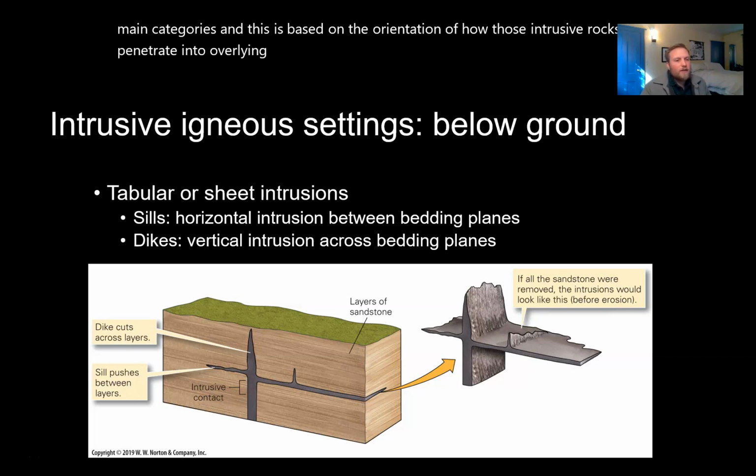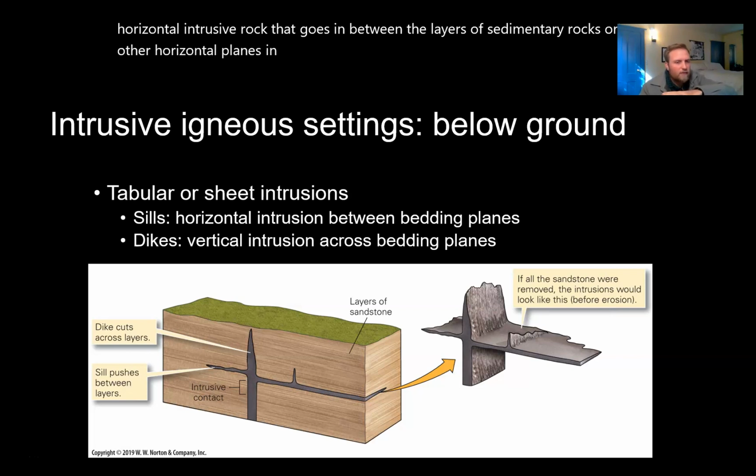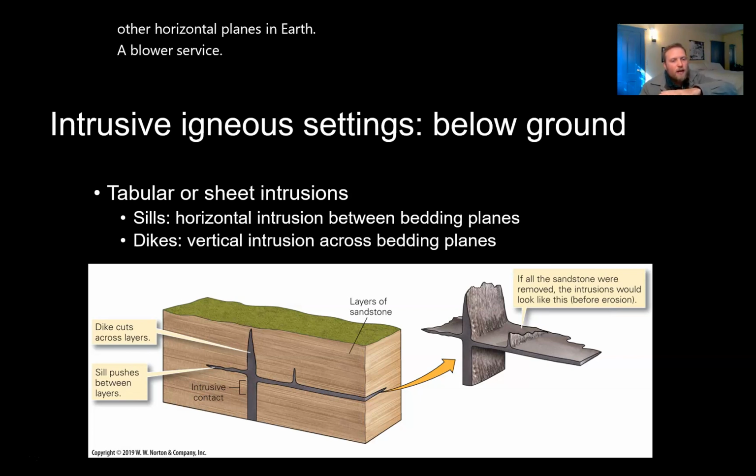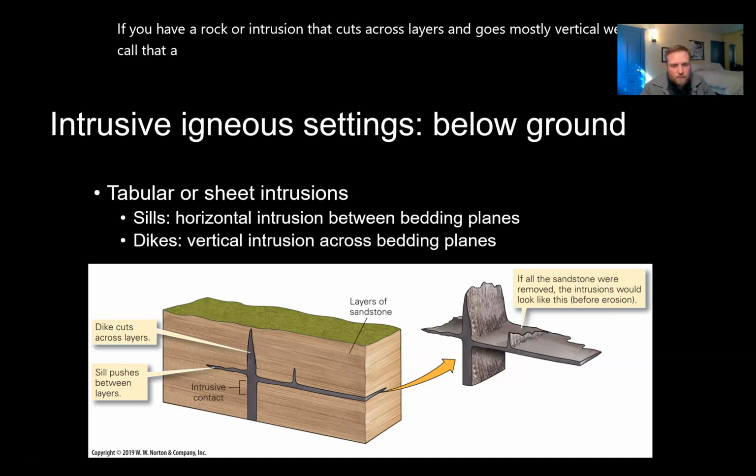So if you have a sill, that is where you have a mostly horizontal intrusive rock that goes in between the layers of sedimentary rocks or other horizontal planes below Earth's surface. If you have an intrusion that cuts across layers and goes mostly vertical, we call that a dike, okay?